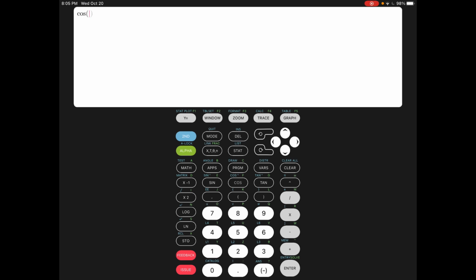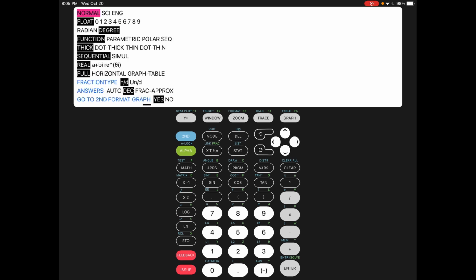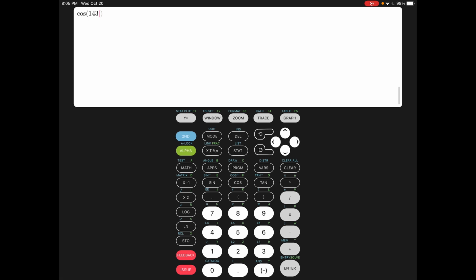Anyways, we want to figure out what the cosine of 143 is and what it really gives us, negative 0.8. I'm checking that I'm in degree mode. Yep. And it tells us that the answer's about negative 0.8. There's a little bit of rounding error. We could do the same thing with the other answer that we found, which was 217, I think. Same thing. It basically gives us negative 0.8. So we've done a good job. On a part with the calculator, you can do this kind of checking.